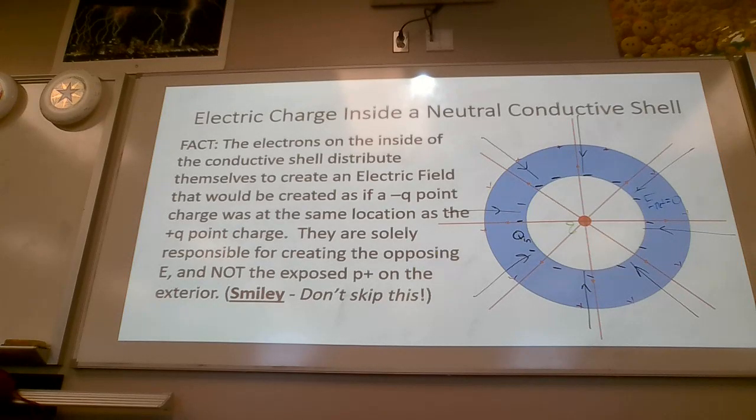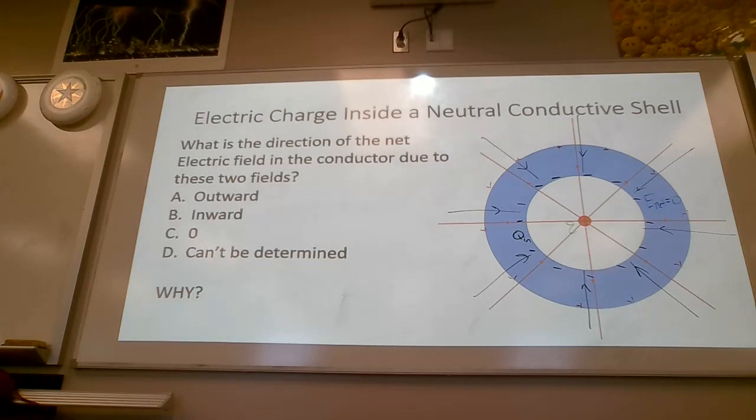Okay. So, well, look at me. Just to make sure that's in there. Everybody go with C. Why? Because we just described it. Those two fields are canceling each other out.